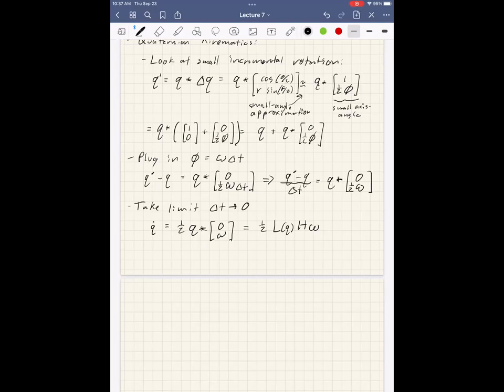Was H just 0, i? Yeah, it's turning the 3D vector into a pure vector quaternion with 0 scalar part, right? It's sort of taking the 3D thing and making it a 4D thing with 0 scalar part. It's literally just making this out of omega. That makes sense? Yeah. So we're going a little fast here. It's really just definitions and stuff. There's not a lot of profound stuff here.